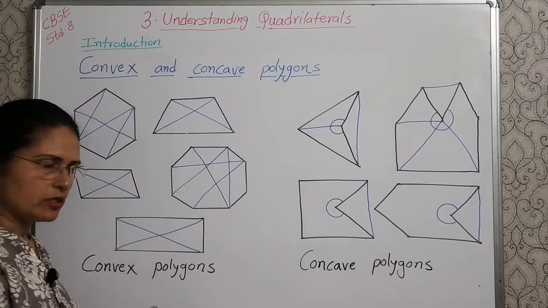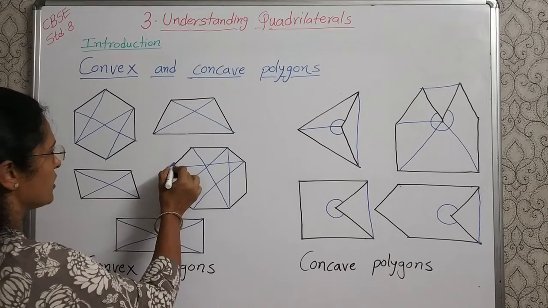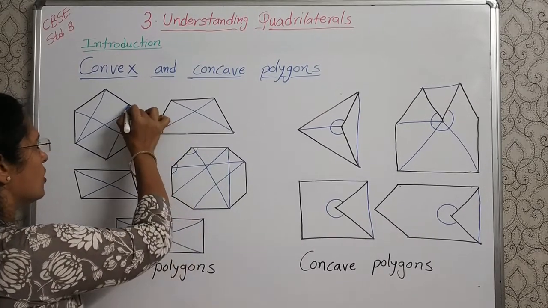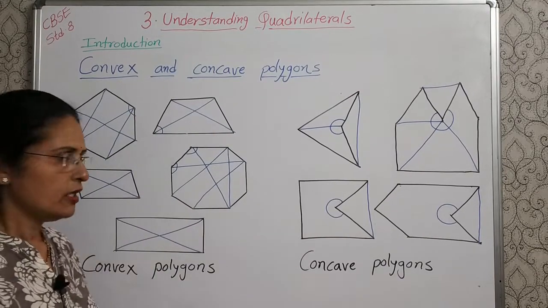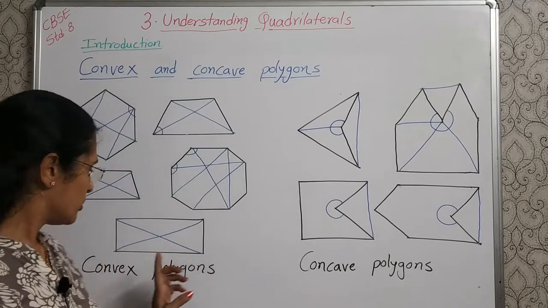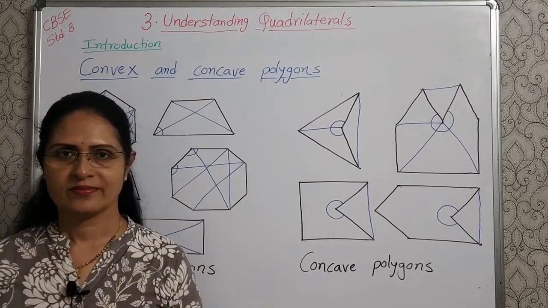In convex polygons, each angle measures less than 180 degrees. If you see, this angle and this angle are less than 180 degrees. So this is about convex and concave polygons.